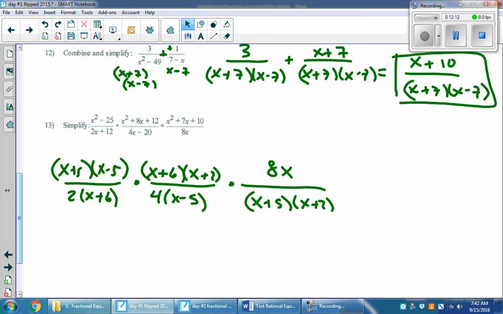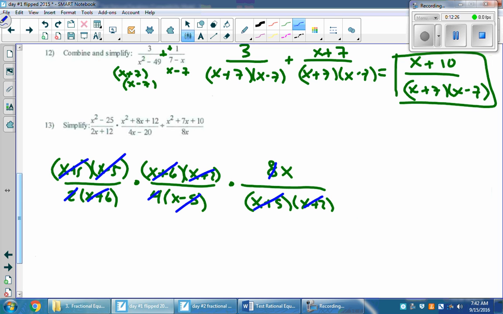So now it's completely factored. I did my stay, change, flip. Now I just start canceling stuff. x minus 5, x minus 5, x plus 6, x plus 6, x plus 2, x plus 2, x plus 5, x plus 5. 2 times 4 is 8. Cancels out with that.